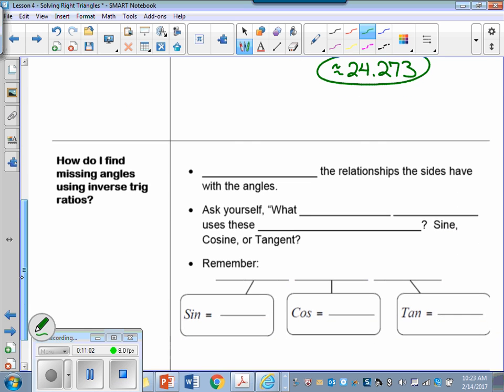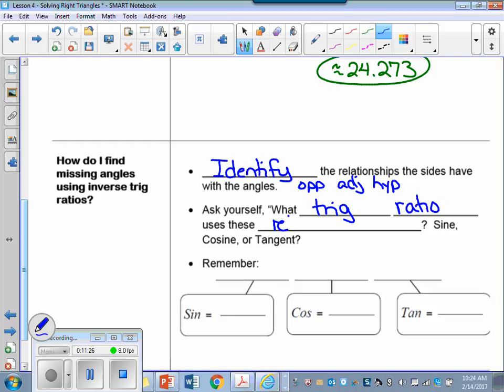Let's talk about how to find angles at this point. So we are going to start off by identifying the relationships the sides have with the angles: opposite, adjacent, or hypotenuse. And then we're going to ask, what trig ratio uses these relationships?